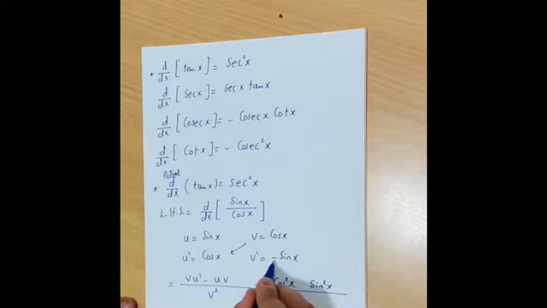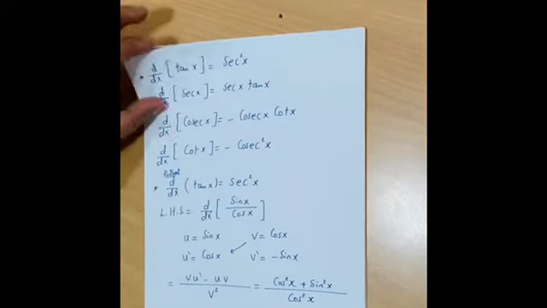Remember you have a negative sign here, and in the rule you have a negative, so it's plus, over the squaring of the denominator, cosine squared x. Cosine squared plus sine squared, which we call the Pythagorean identity, is equal to 1 over cosine squared x, and 1 over cosine squared is sec squared x, which is equal to the right hand side. Proved.